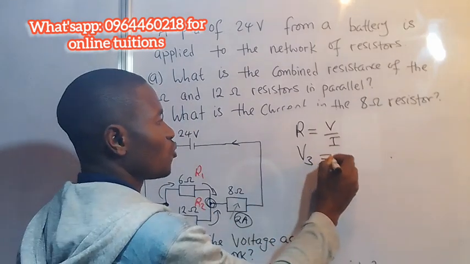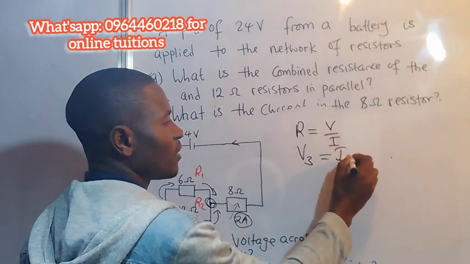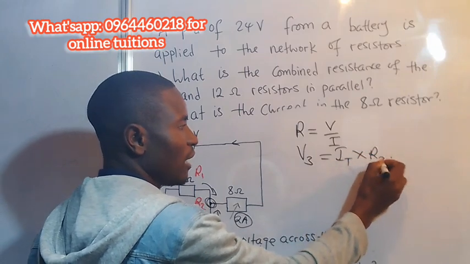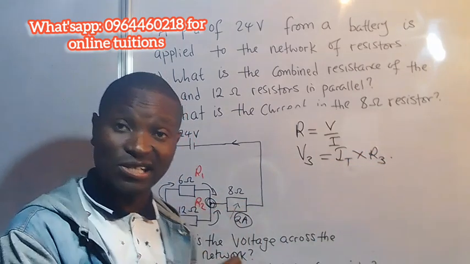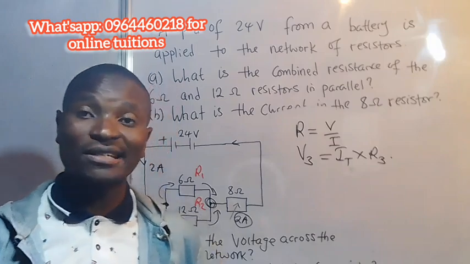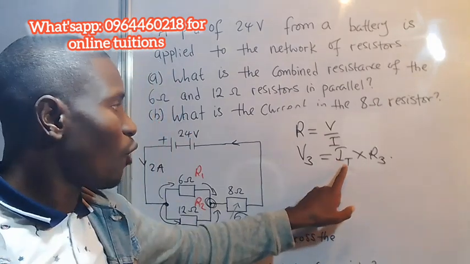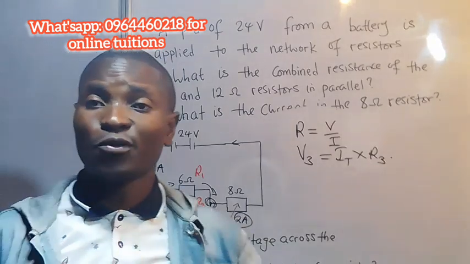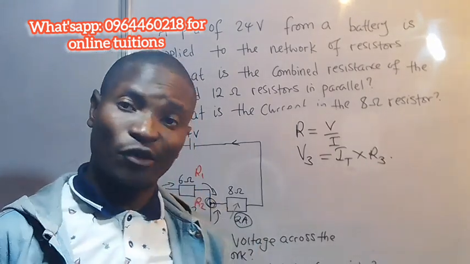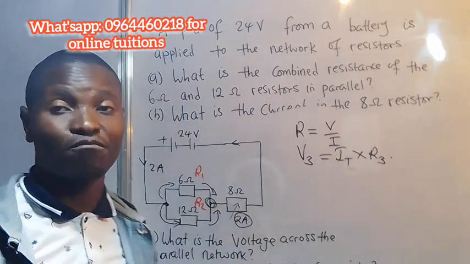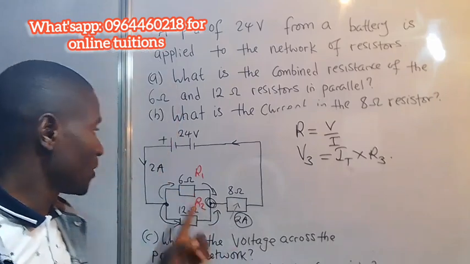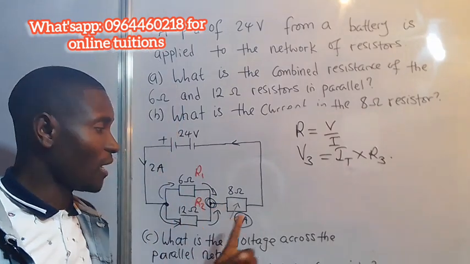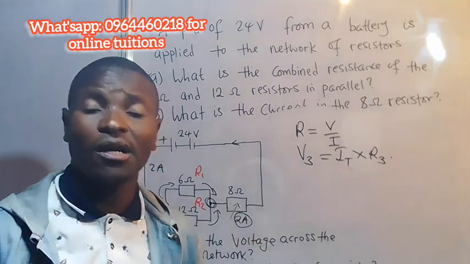So this is going to be the current multiplied by the resistor at that point, meaning R3, because this one is R1, this one is R2, and this one is R3.